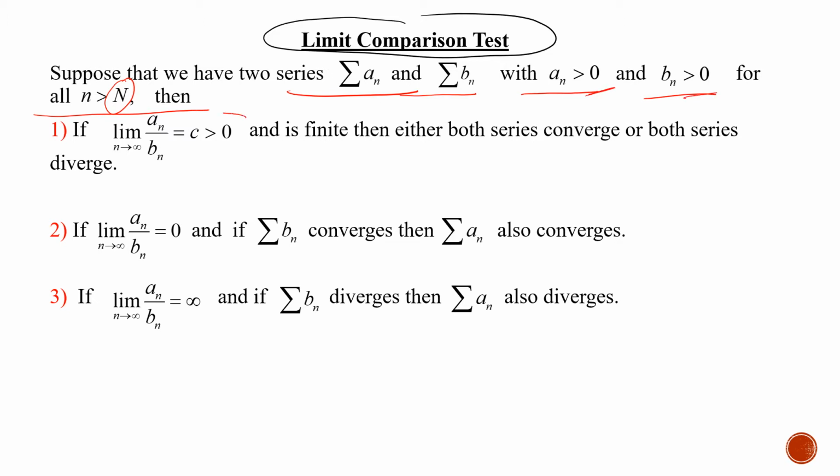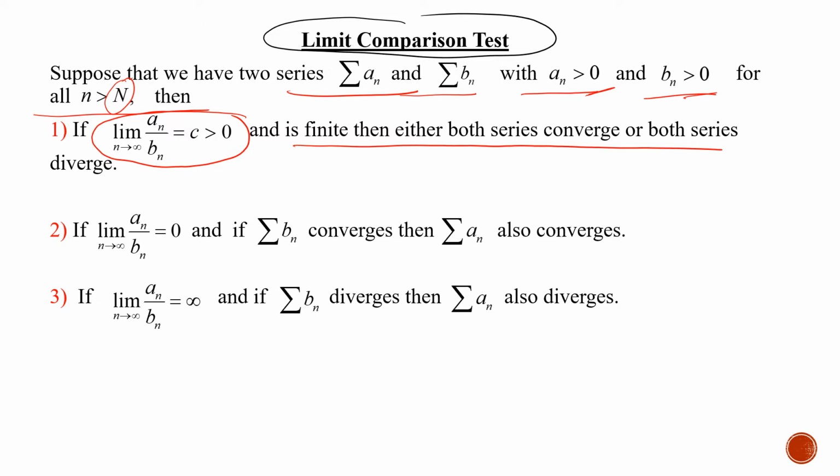Then, if you take the ratio of an and bn and take the limit n tending to infinity, you get a finite value that is greater than 0, then both the series will either converge or diverge.